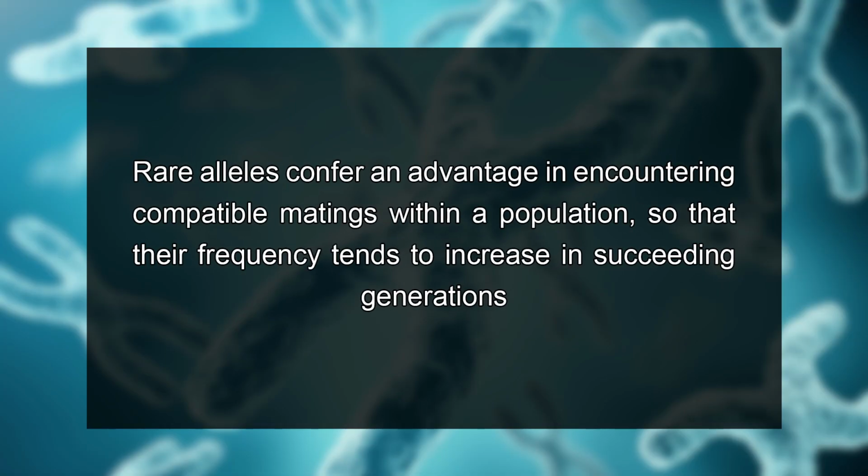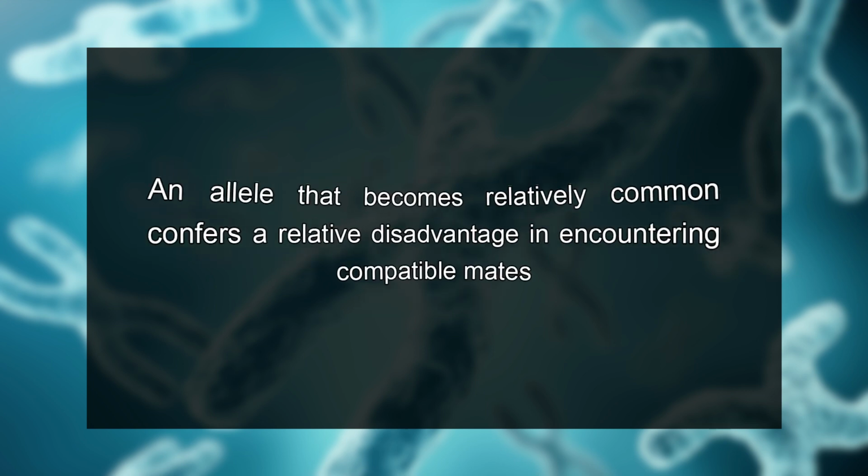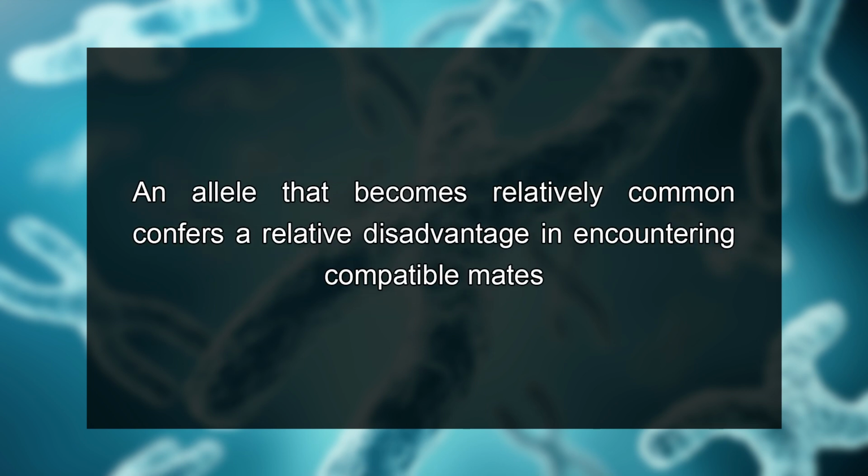So rare alleles confer an advantage in encountering compatible matings within a population, so that their frequency tends to increase in succeeding generations. Conversely, an allele that becomes relatively common confers a relative disadvantage in encountering compatible mates.